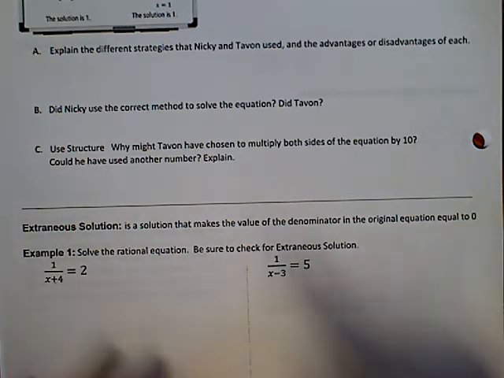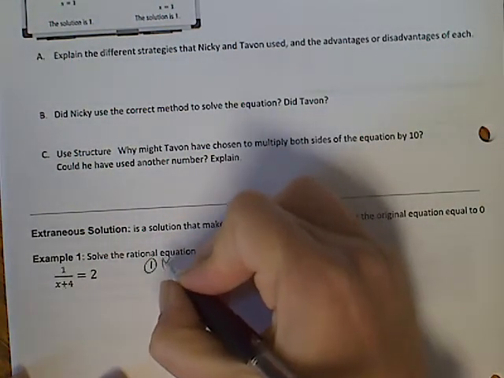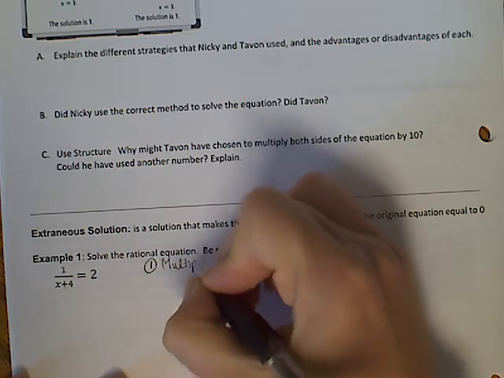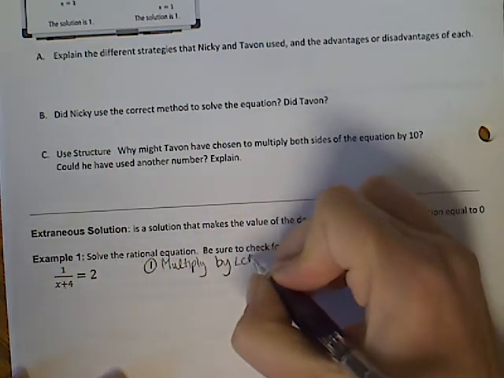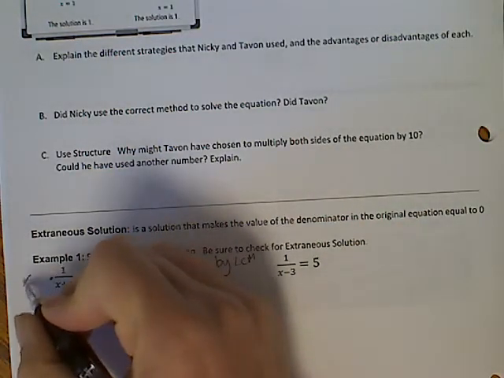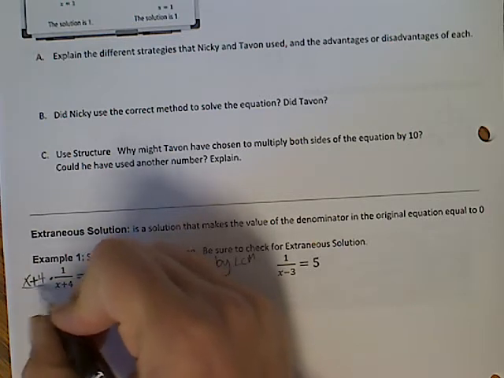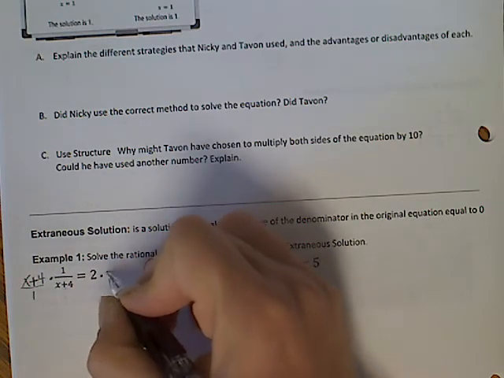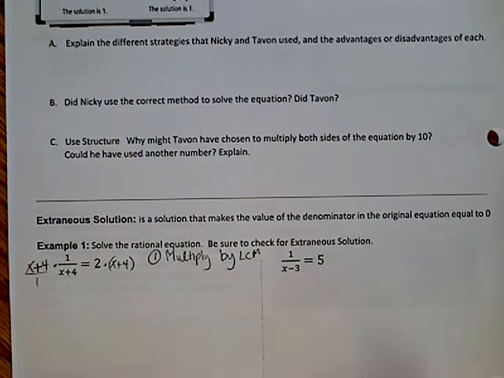So here we go. The best way to solve these rational equations is to multiply by the LCM, which is this common denominator, guys. So I'm going to multiply the left by x plus 4, which is kind of like x plus 4 over 1, and the right by x plus 4, which would be in parentheses, and I would have to do the distributive property.